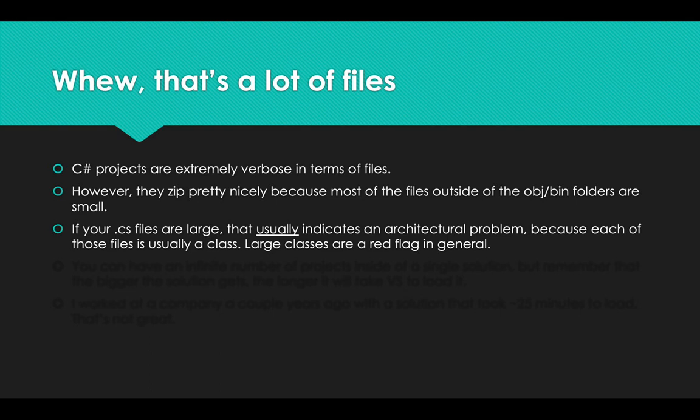You have way too much code centralized in one place. This is kind of a red flag in general in software architecture. So if you find yourself with gigantic files, that isn't necessarily a problem with the framework and the environment. That could potentially be a problem with the way that you've actually organized the code.